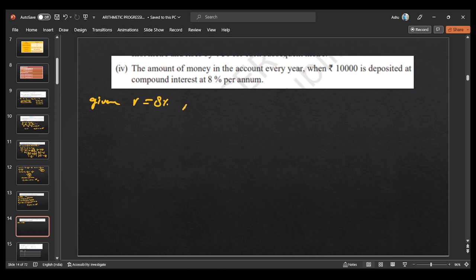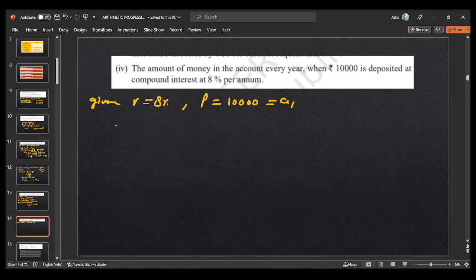Clear? Principal value, we will denote it as P. It is 10,000. Clear? So it will be A1.